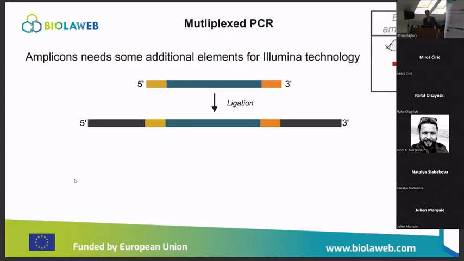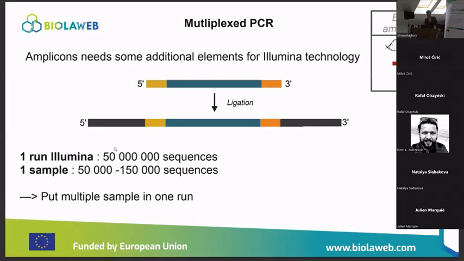You need one more step between your PCR, the amplification of your barcode, and the sequencing. You need to add small sequences at the ends of your PCR amplicon. And why is that? It's because you can have millions of sequences in one run of Illumina, and you don't need this amount of sequences for one sample. Usually, metabarcoding studies have between 50,000 and 150,000 sequences per sample.